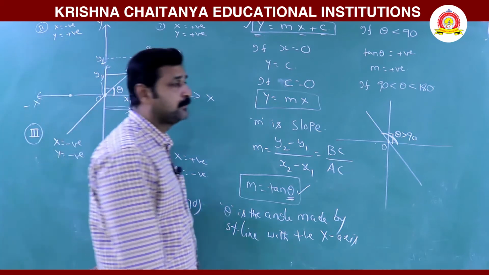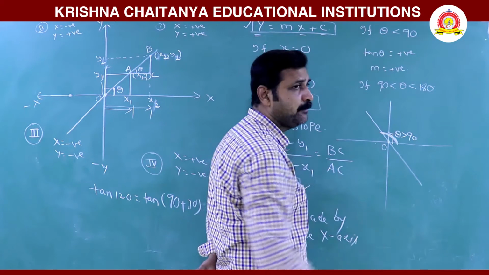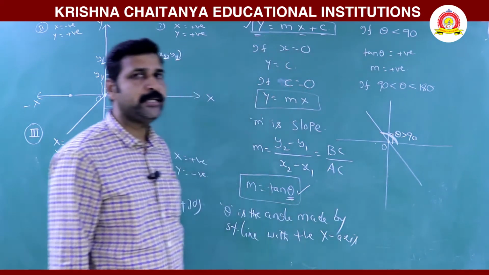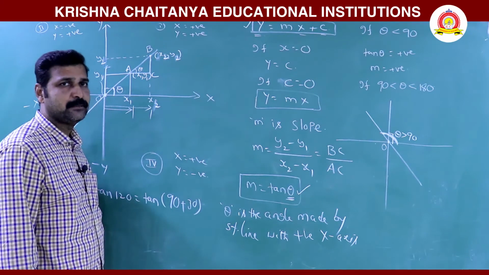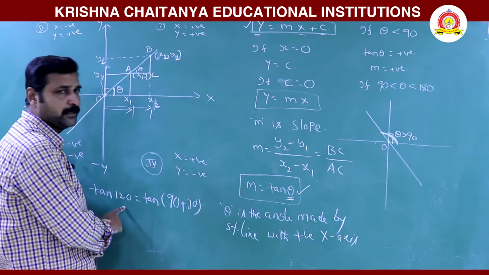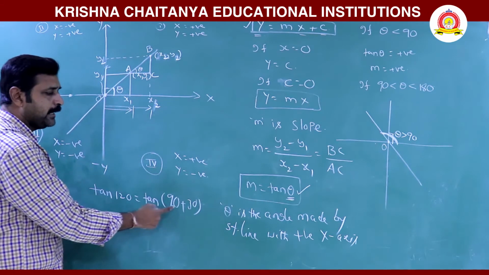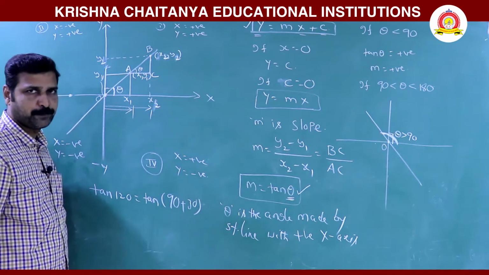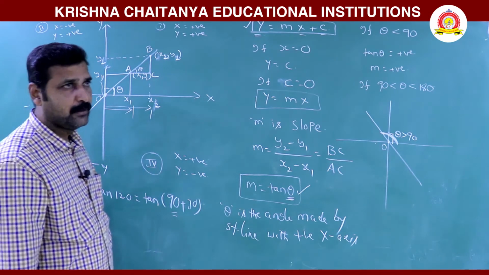Since this angle is greater than 90, I am taking 120 as an example. So for that graph, slope is tan theta, so it is tan 120, tan of 90 plus 30. So what is tan of 90 plus 30?